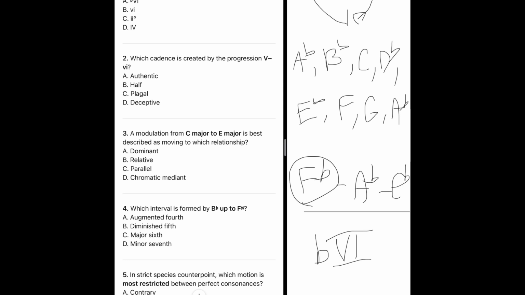C to E cannot be a dominant because it has to be a G. It's not a dominant. It's not even relative, because relative you have to have one or two accidentals difference. Parallel is not it either. I'm going to have to say D, because it seems like C major and E major are very foreign. So I'm going to say D.